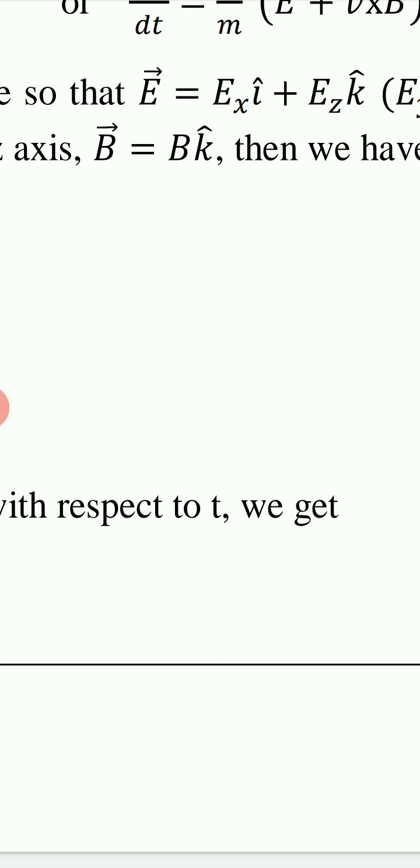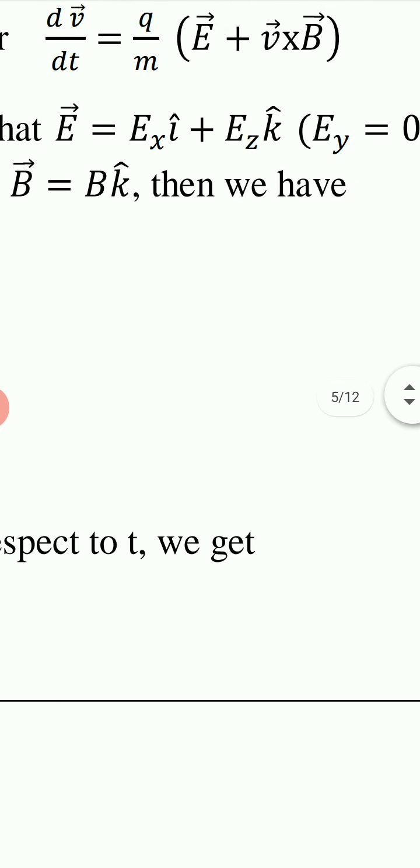B is its magnitude, and let the electric field E be in the xz plane, so it has only x and z components, so we can write E vector as Ex i cap plus Ez k cap.